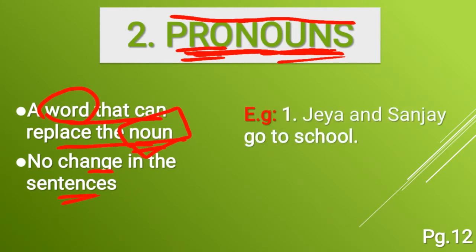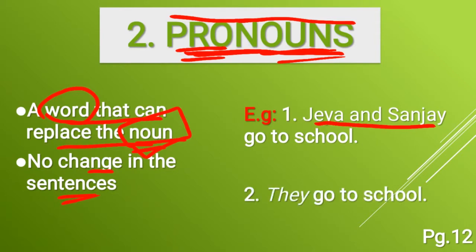First, Jaya and Sanjay go to school. You know the meaning of this sentence, isn't it? Jaya and Sanjay, both of them are going to school. Now see here, they go to school. What's the difference? Yes, the subject, the beginning of the sentence, is different.